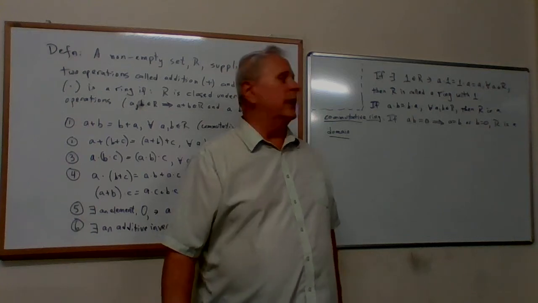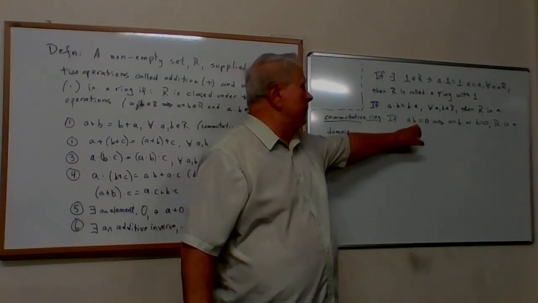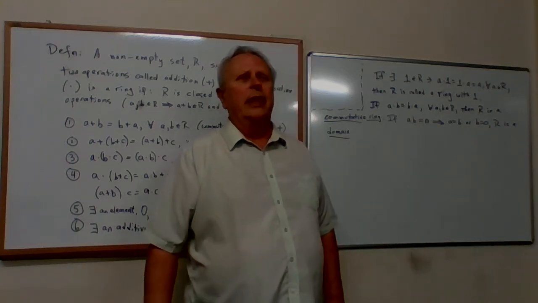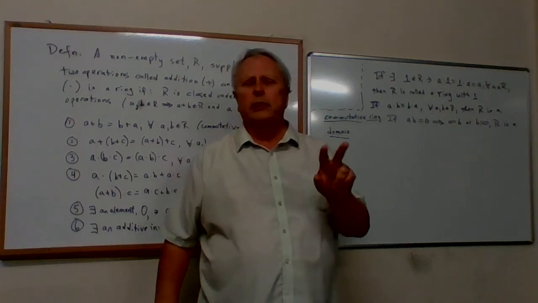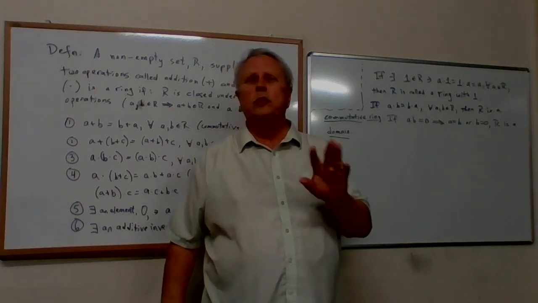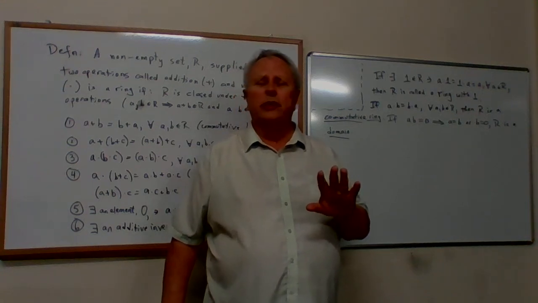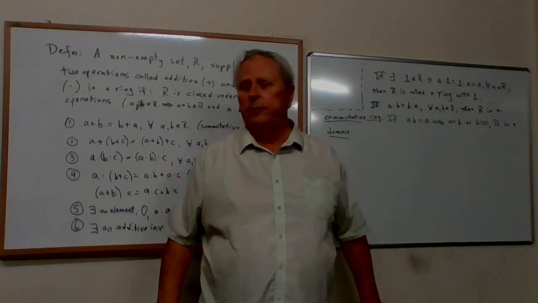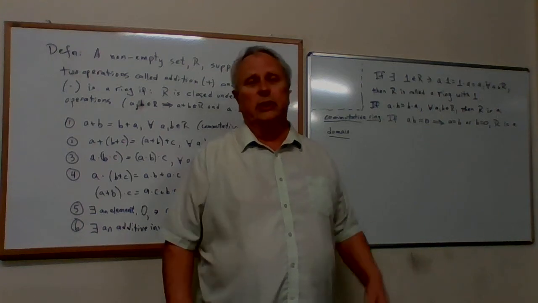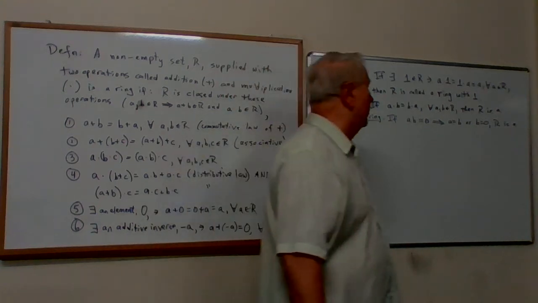We're going to show you that example in a few minutes. So this becomes an important property. Any time that you have two elements multiplied together that give you 0, both of those elements are so-called zero divisors. They're divisors of 0 because you multiply them together and you get 0.